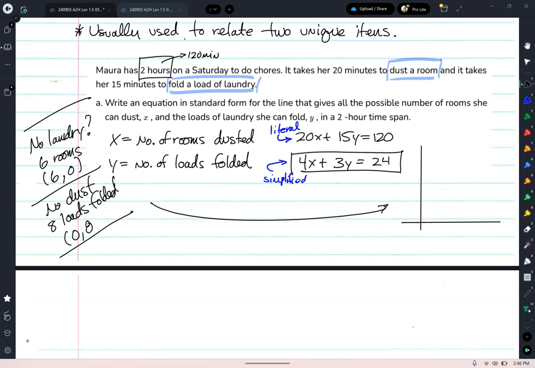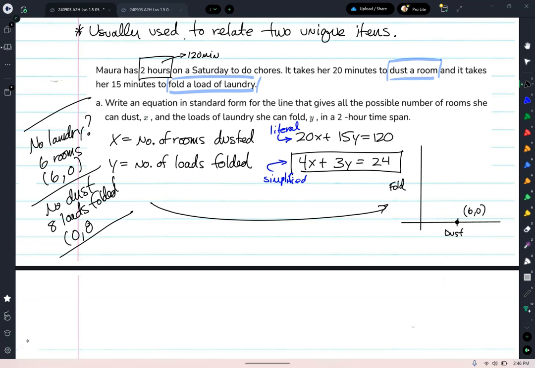What is our X in terms of the story? Dusting, so we have dusting down here, and folding over here. If she does no laundry, we know she can dust 6 rooms. So no laundry means we wouldn't go up at all. We'd come over here and put a point right here, and that would be our 6, 0.